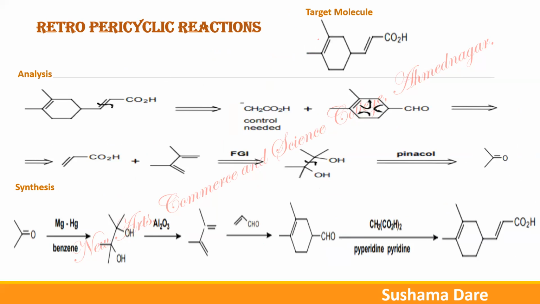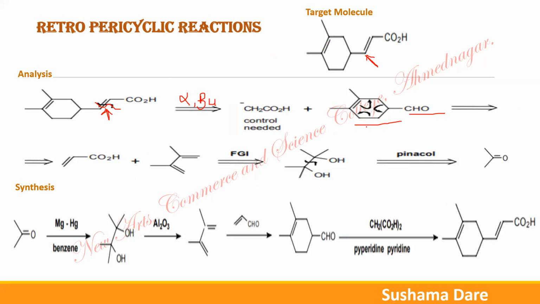Now the condition here is that a double bond is there, but anti to this there is no electron withdrawing group. So first our duty is to get the electron withdrawing group here. We consider this an alpha beta unsaturated carbonyl compound. Because of that, you disconnect this bond, and at the beta carbon you always place the carbonyl group.